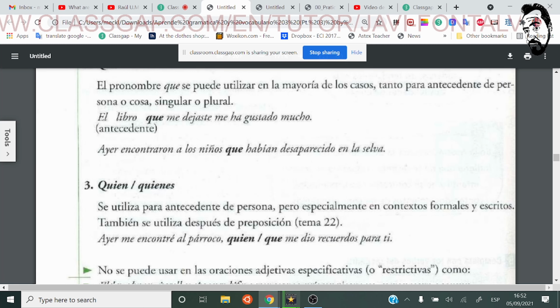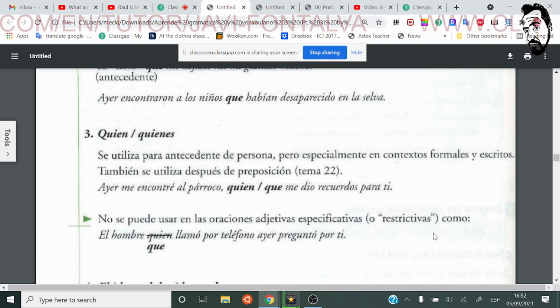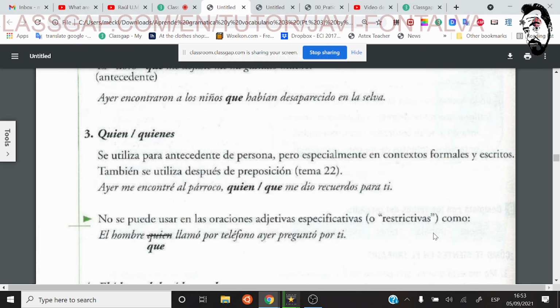You only use this one when you talk about people, basically, or this between commas, so to say. So, ayer me encontré al párroco quien me dio recuerdos para ti. So yesterday I found the priest who gave me his regards.